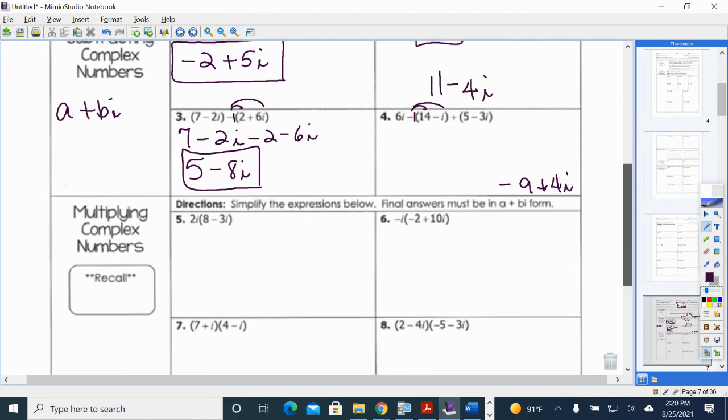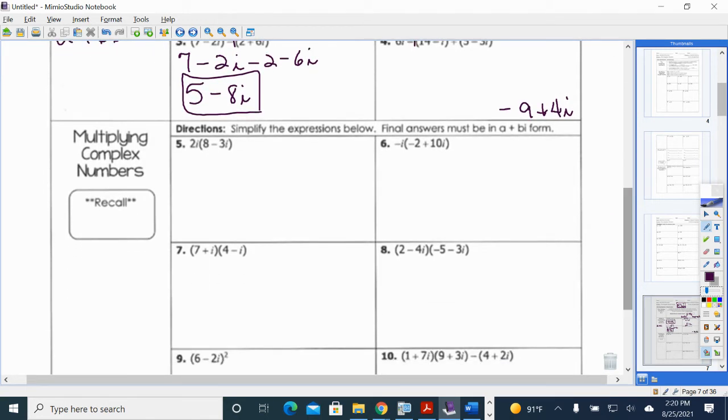All right, moving on down to multiplying complex numbers. So the directions here, again, are going to tell us to simplify the expression. Final answers must be in a plus bi form. But before I get started on that, let's recall that i squared is equal to negative 1.